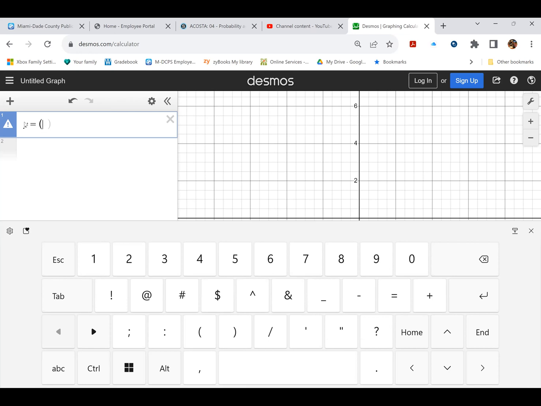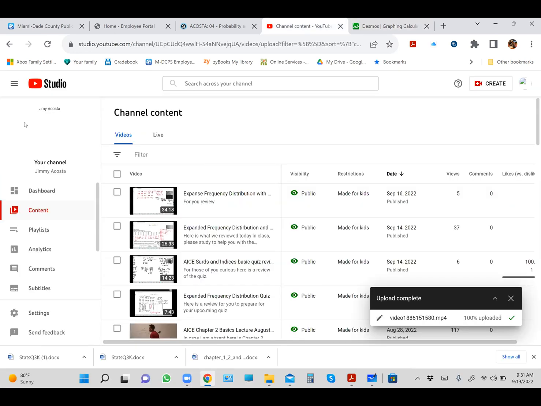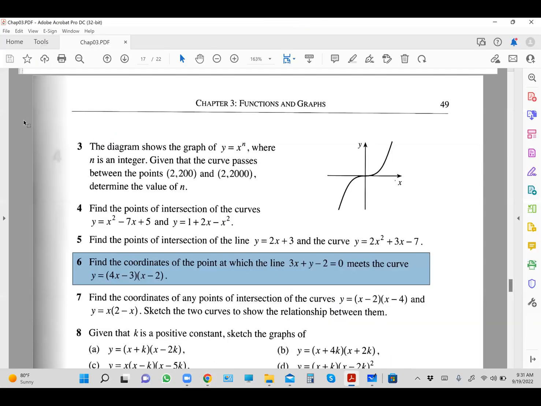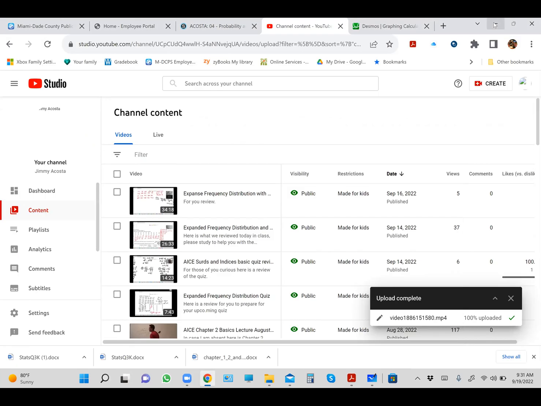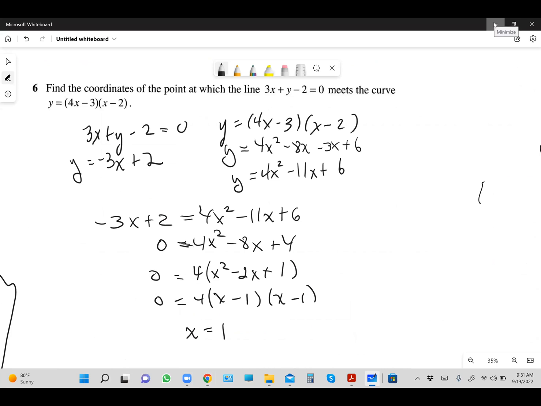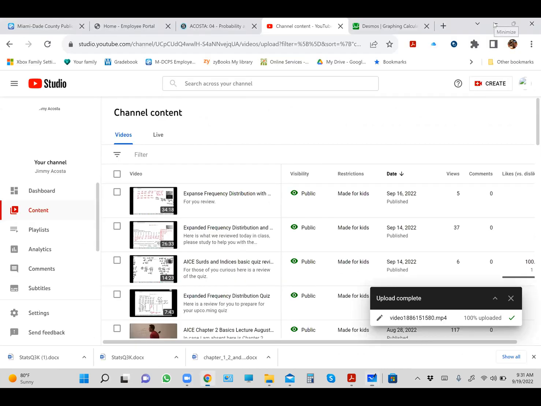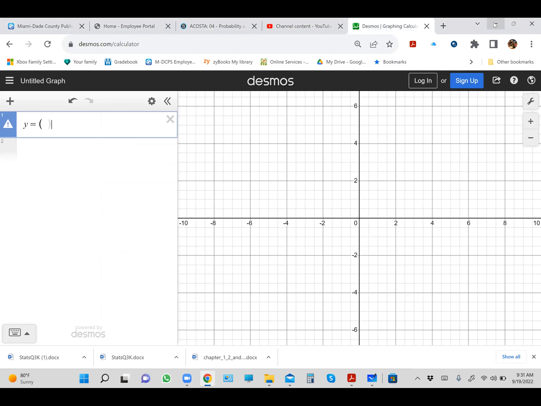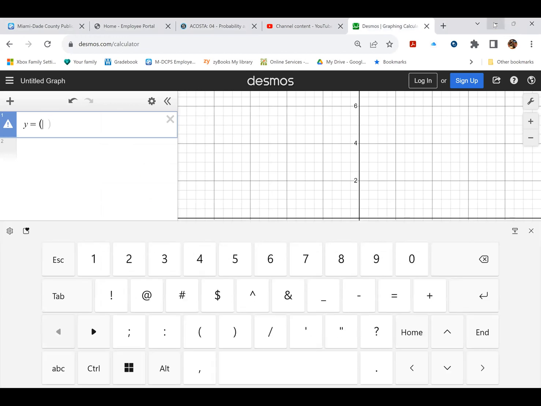Wait, for some reason it doesn't sound right. Okay, I see. The second one, the 4x. So give me that one first, because now I lost it. So the 4x, what was it? There you go. That's the one I want.